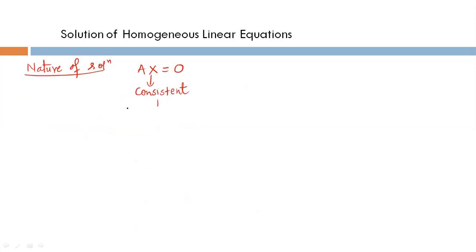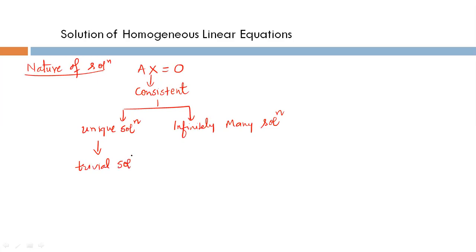Means there are two possibilities here: unique solution, infinitely many solution. Unique solution is also called trivial solution, and it is always zero solution, because in this case possible solution is zero solution, so all the solution variables are zero here. Infinitely many solution is called a non-trivial solution.